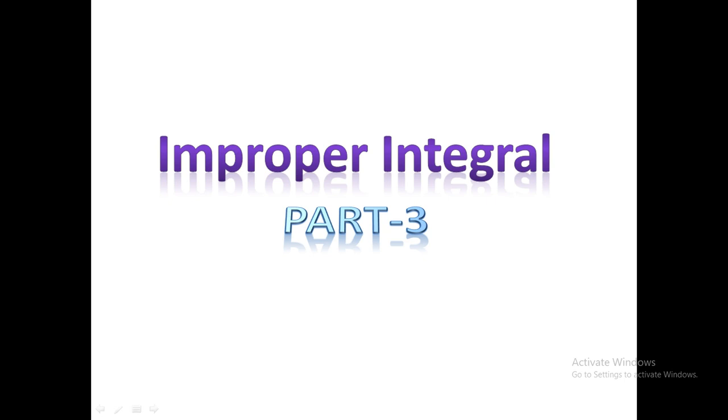Here I mainly discuss the test of positive integrand. You know that in the previous video I gave two theorems on the test of positive integrand. The first theorem I proved, but for the second theorem I gave some hints.